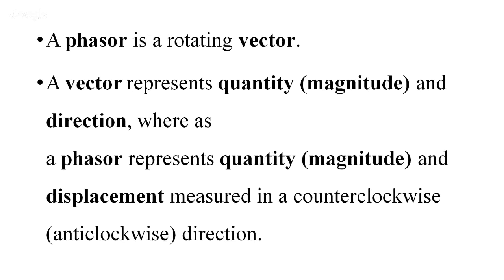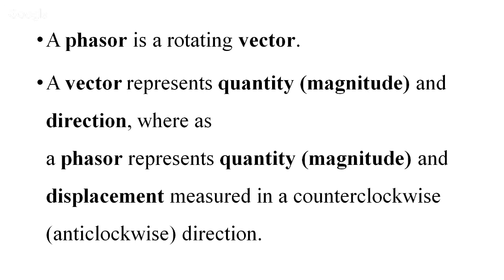A vector represents both magnitude and direction, whereas a phasor represents magnitude and displacement measured in the counterclockwise or anti-clockwise direction. So that is the difference between the vector diagram and a phasor diagram.